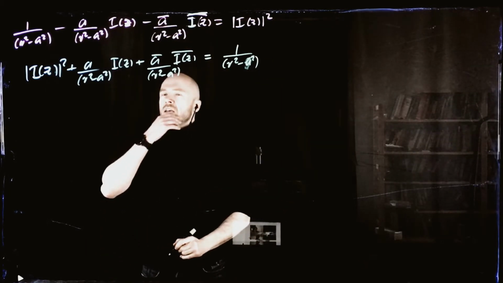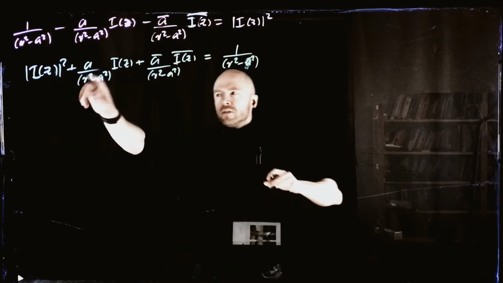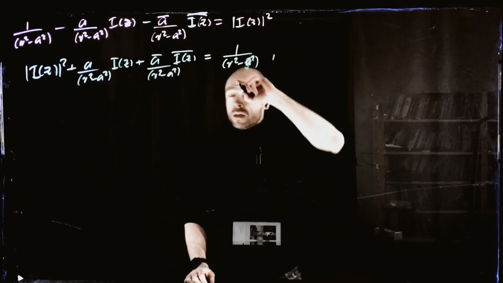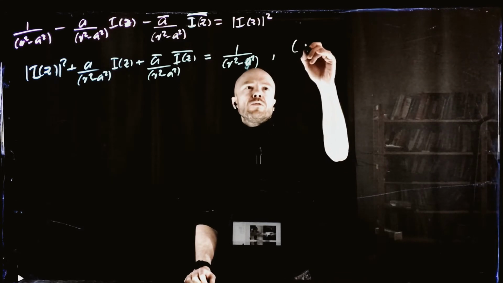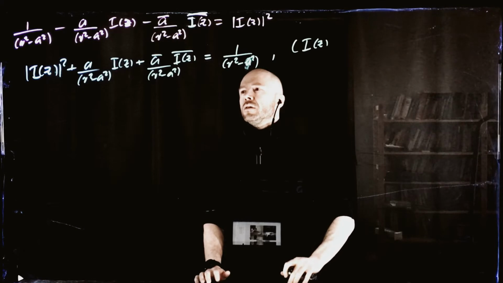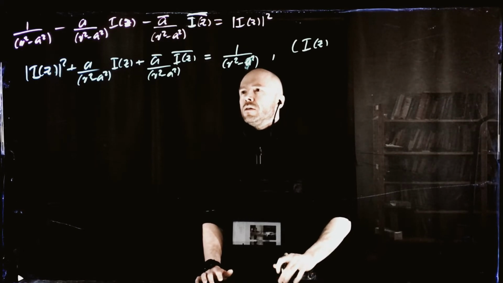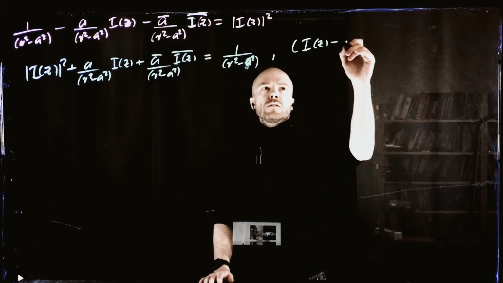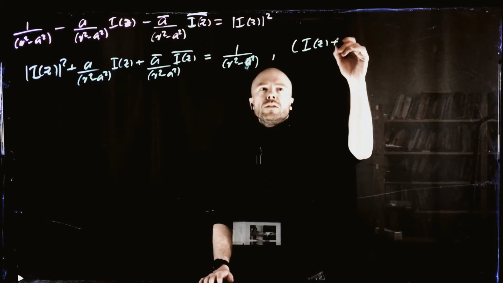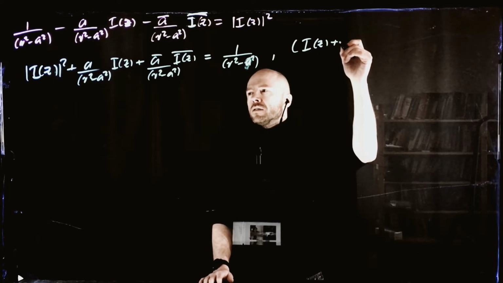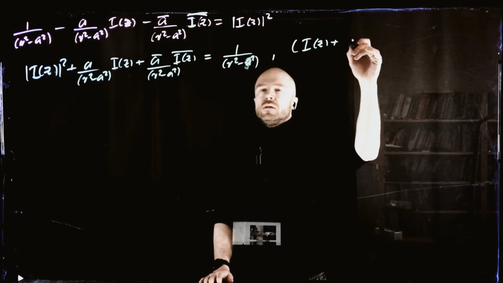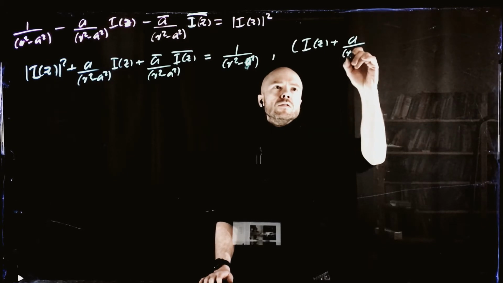Yeah, and then let's complete the square to get this expression. So what will do that for us? What if we do this? What if we have I of z, and let's do, well, plus, I was going to do minus, but let's just do plus a over r squared.